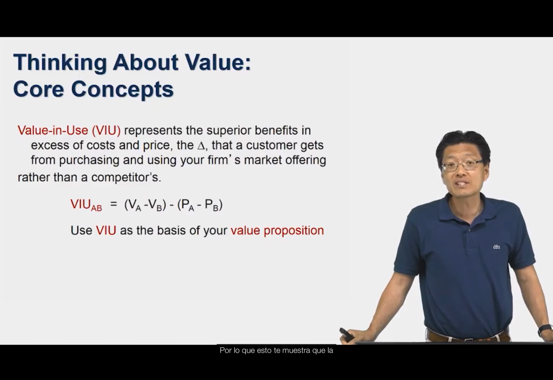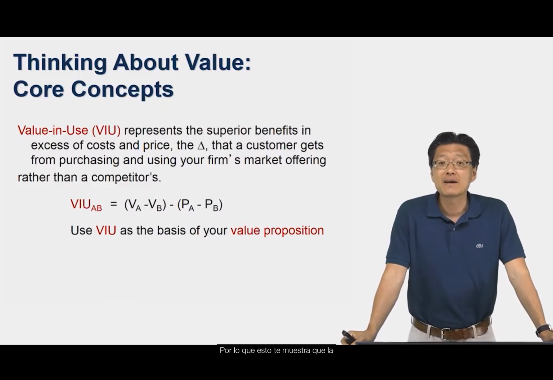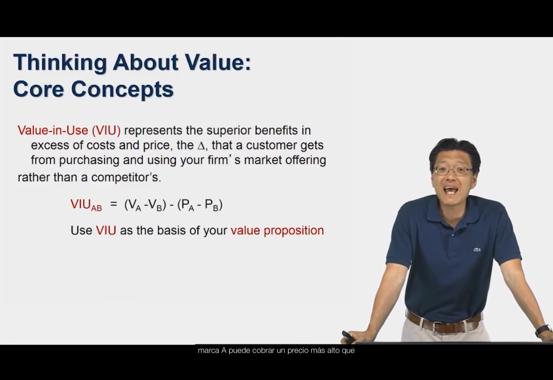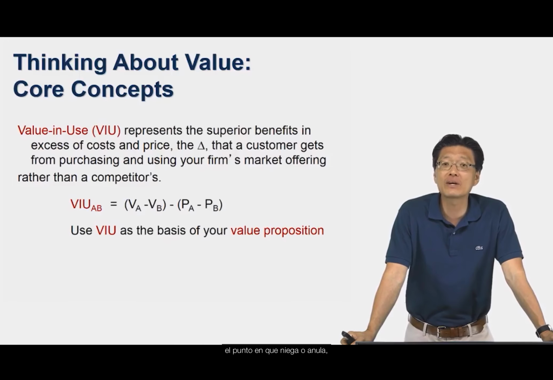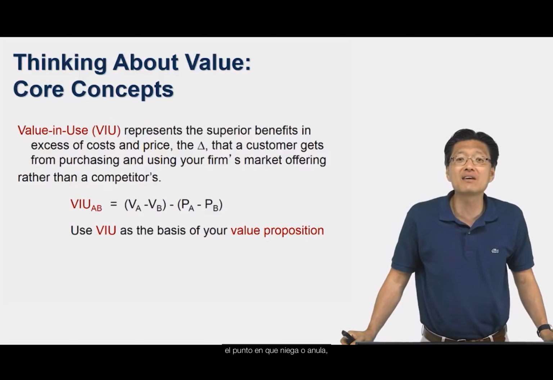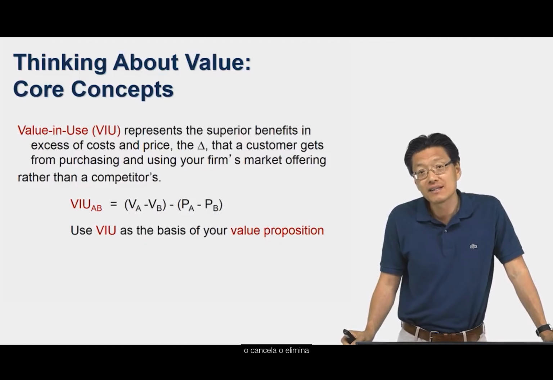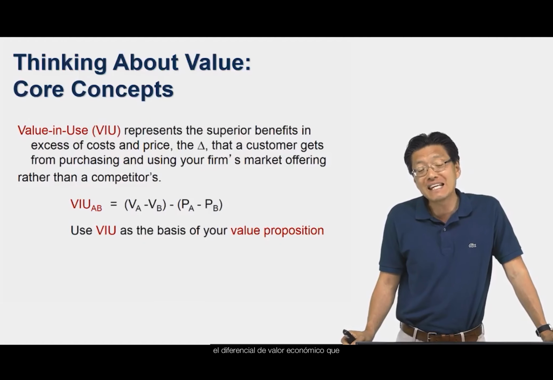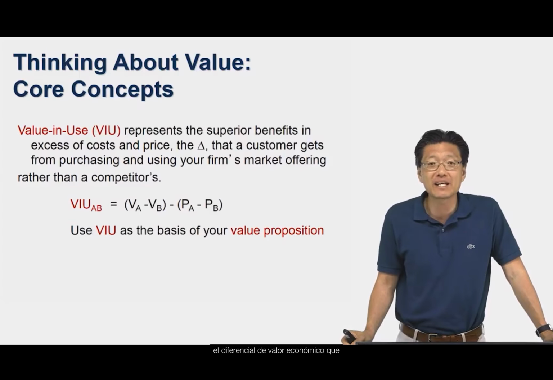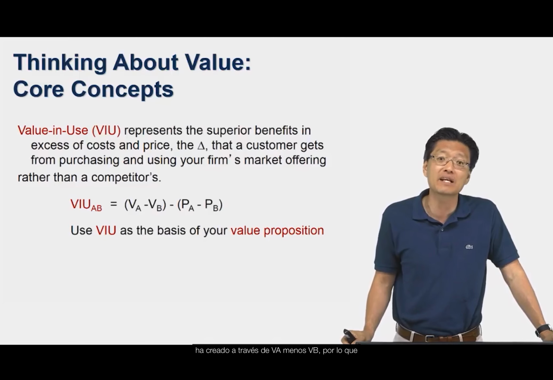So this shows you that brand A can charge a higher price than brand B, but it cannot charge a higher price to the point where it negates, nullifies, or washes out the economic value differential that it has created through VA minus VB.